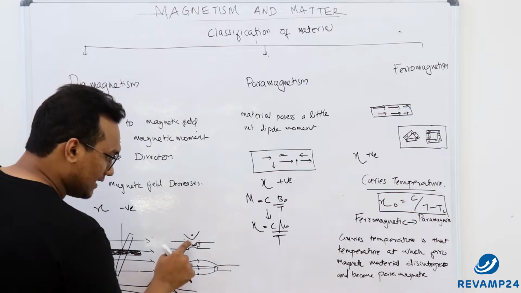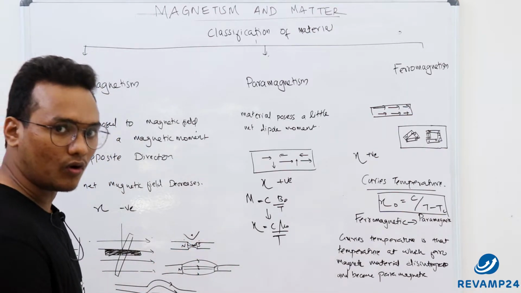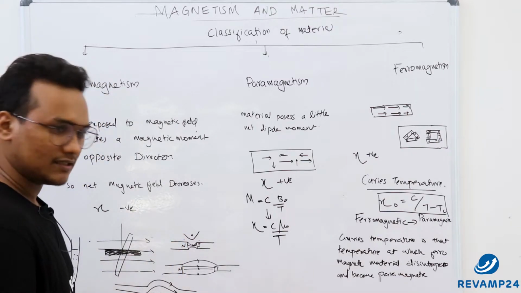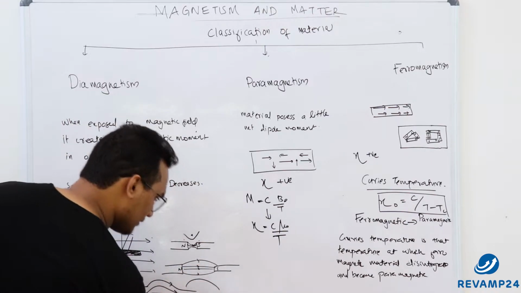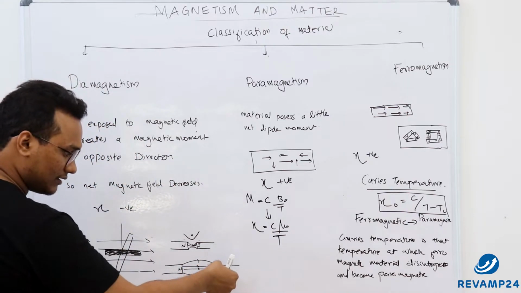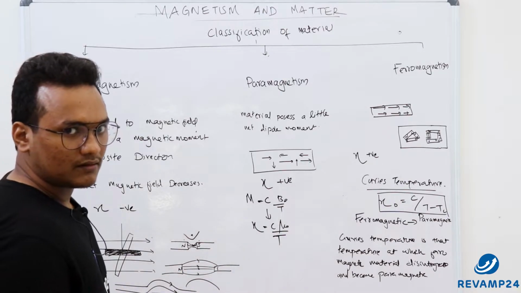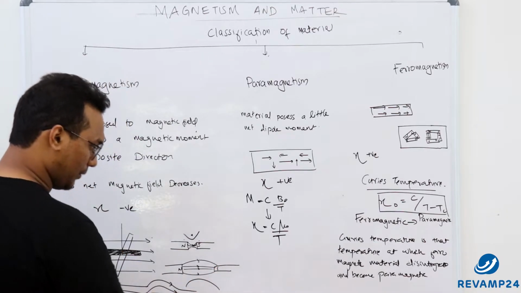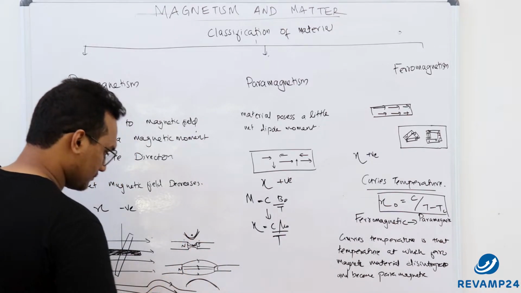But in this case, it will be less at the place where the magnetic field is more, and more at the place where the magnetic field is less. Here it is weak, right? So the powder will be more here. The particles will be repelled by the stronger magnetic intensity. This is a stronger intensity, so from here it will be repelled. So this will be the particle arrangement for diamagnetic substances.